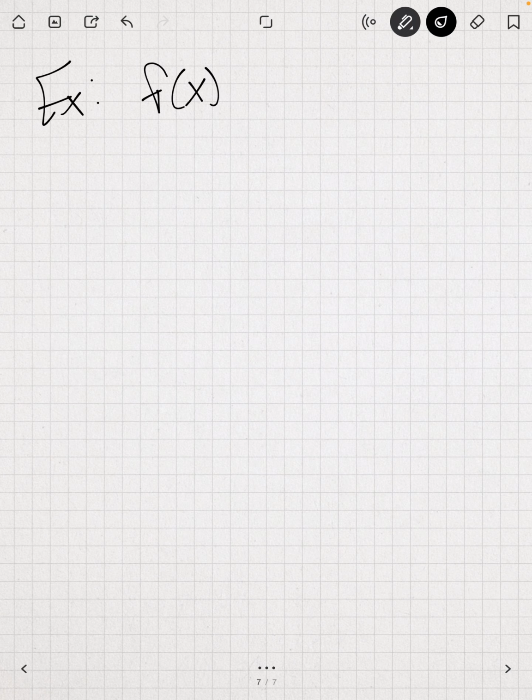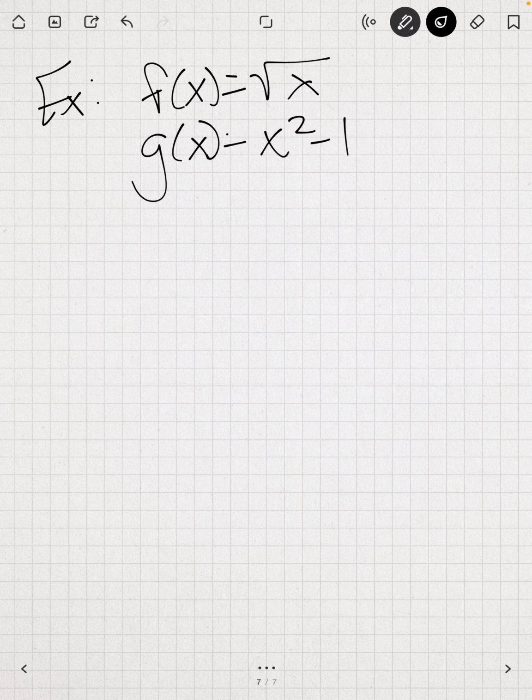If f of x equals the square root of x and g of x equals x squared minus 1, I want us to picture f composed with g of x this way.